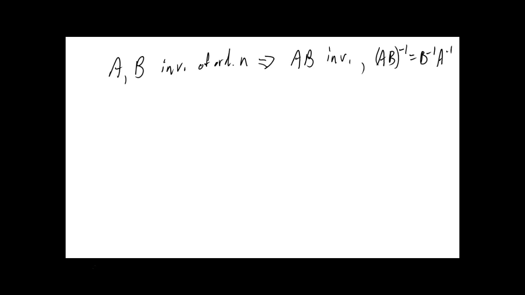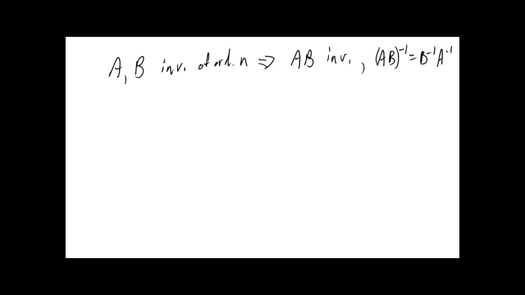Okay, now, what's given is that A and B are invertible matrices of order n. What we're trying to prove is that B inverse A inverse is the inverse of AB. Now we're not doing the part that says that AB is invertible. That was left to another thing, but that the inverse is this.